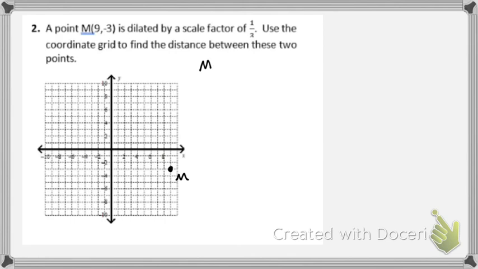So M, we know, is 9, -3. But for M prime, we need to multiply by a half on each one. So a half of 9 is going to be 4.5, and half of -3 is going to be -1.5. Okay. So let's go ahead and put those into the graph. So we got 1.5 right there.